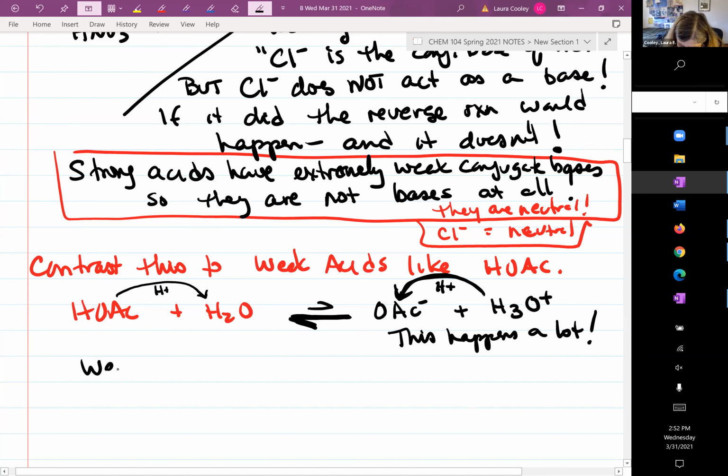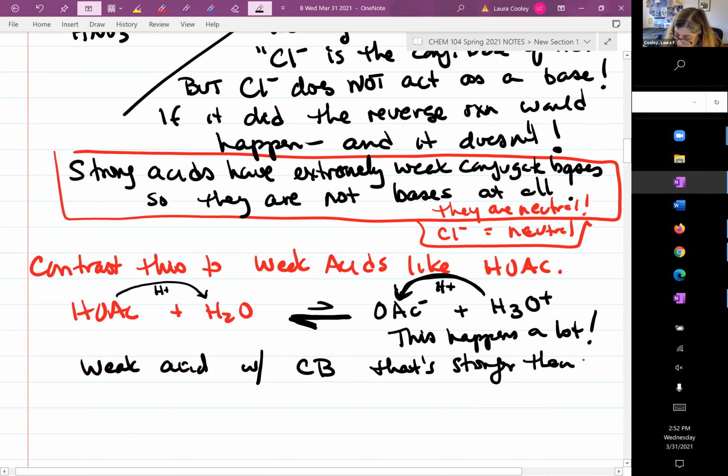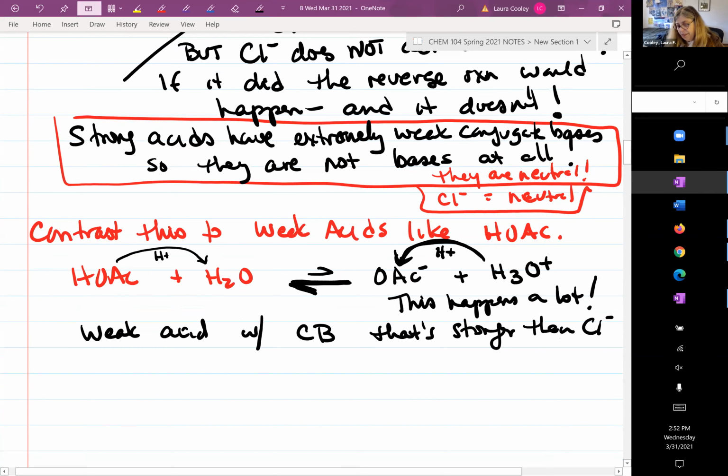So here we have a weak acid with a conjugate base that's stronger than the Cl minus. So the weaker the acid, the stronger the conjugate base.